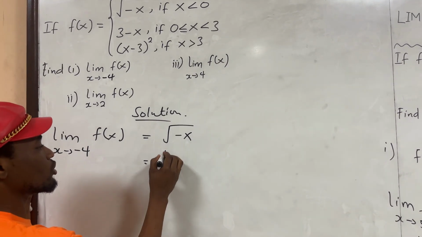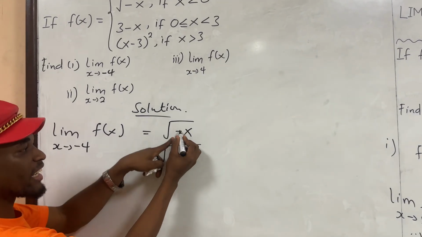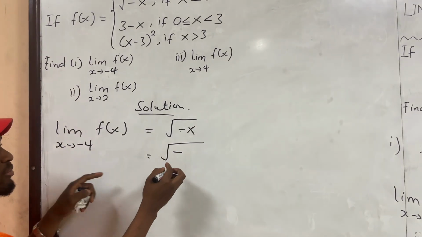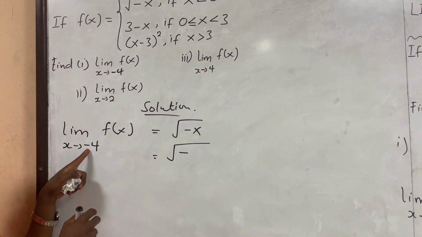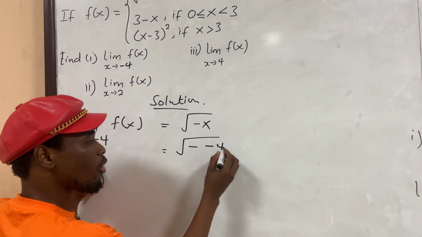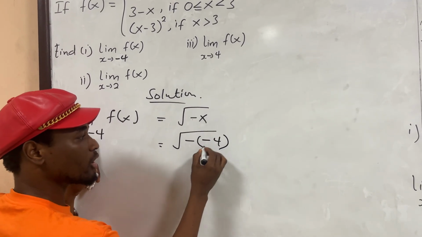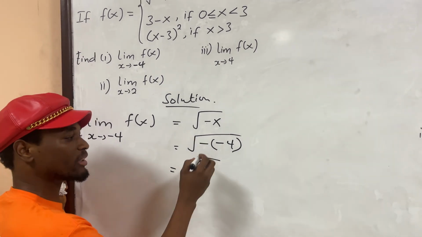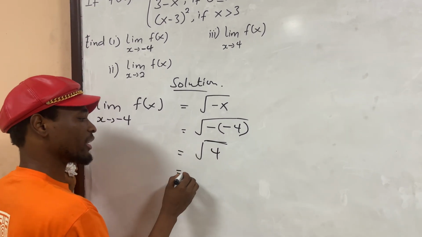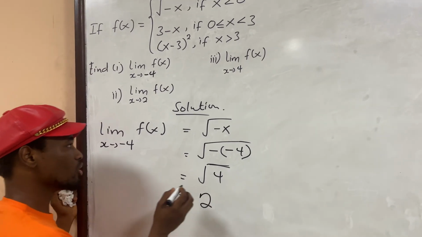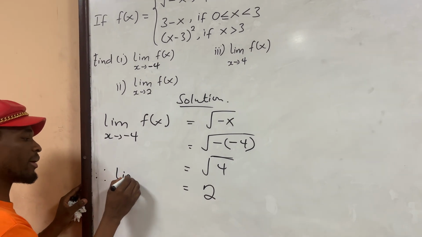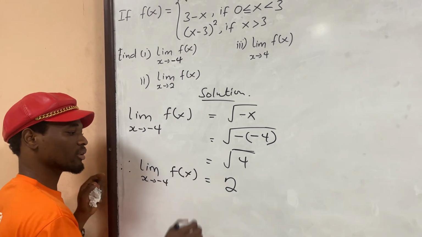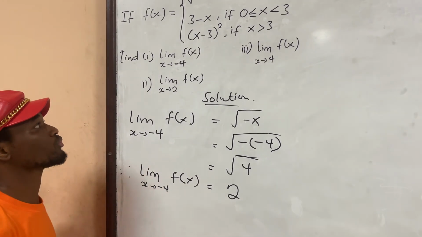So I have the square root of the negative, this negative is already there, then for this x I have negative 4, so let me put it into brackets, right? So negative times negative gives positive. So I have positive 4, and the square root of 4 is simply 2. So therefore, the limit as x approaches negative 4 of f of x is 2.